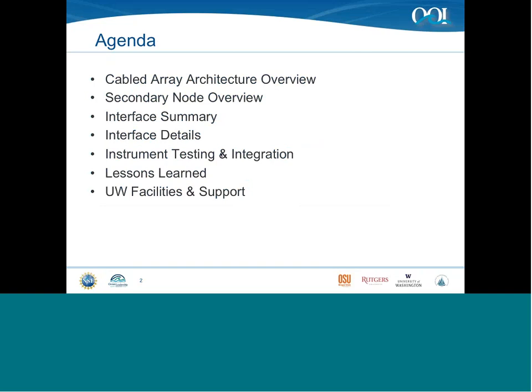Then we'll talk a little bit about instrument testing, how we get instruments integrated in with the infrastructure, some lessons learned, and show you some photos of our facilities and support that we can do from here.